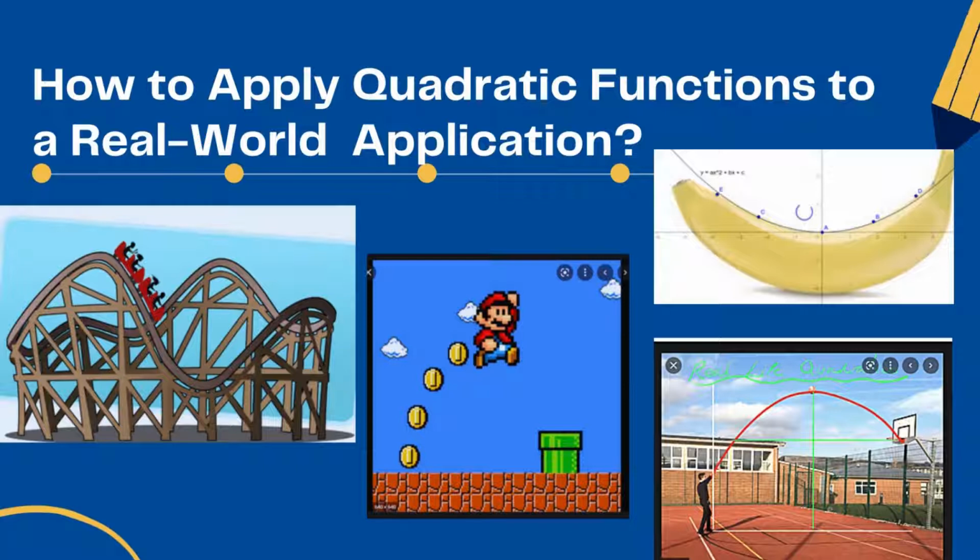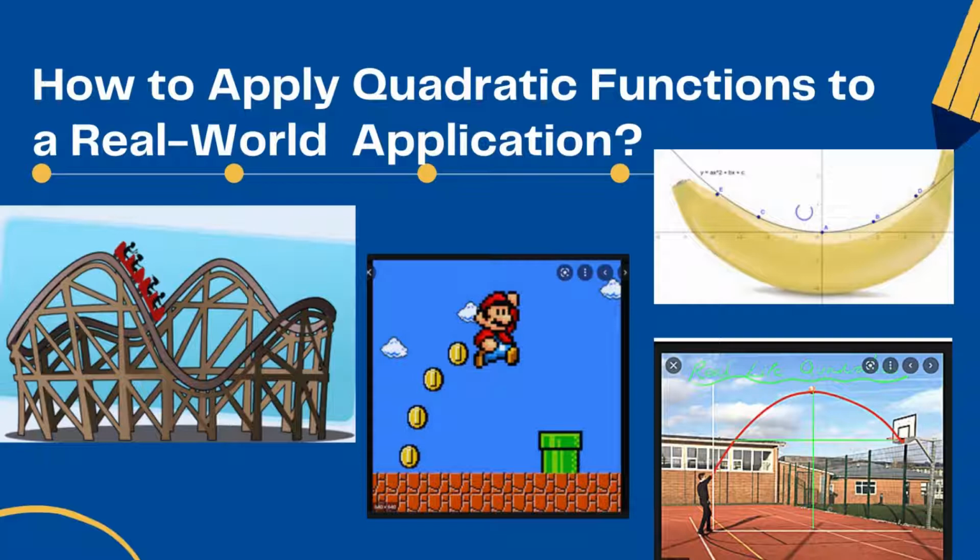How to apply quadratic functions to a real-world application? Yes, a roller coaster is an example of a parabola. Next, we have the Mario Brothers games, wherein Mario is jumping and it forms a parabola.